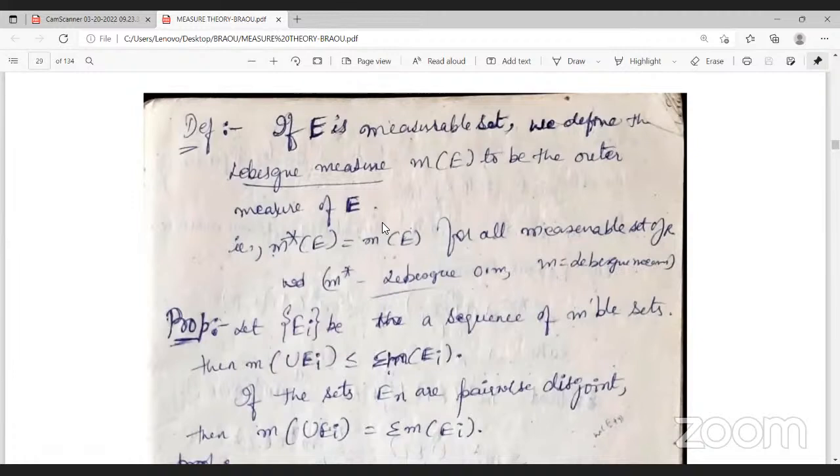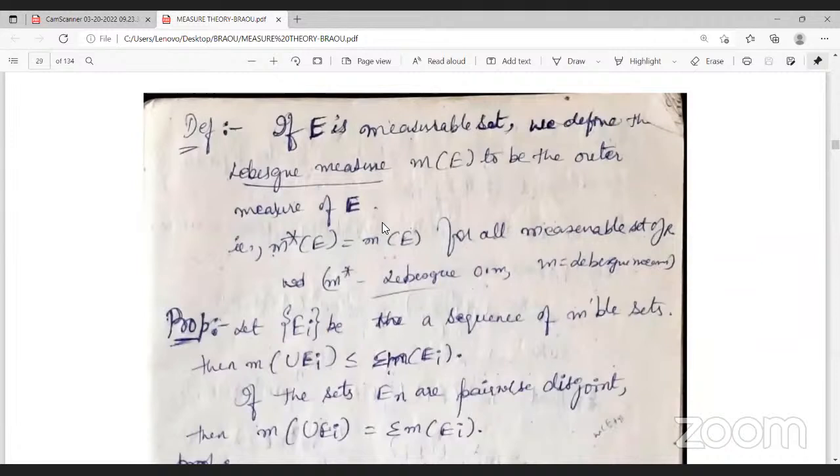Next, write down this theorem, proved by mathematical induction. What does mathematical induction mean? n equal to 1 is true, n equal to 2 is true, and so on. n equal to k is true, and n equal to k plus 1 is also true.